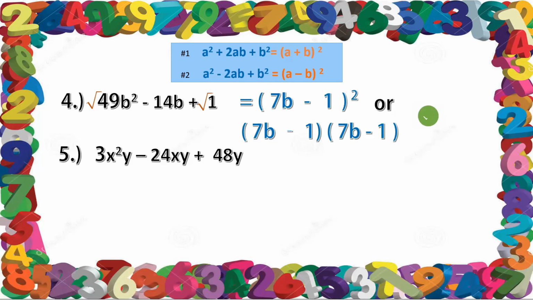Yes, of course. Let's do the GCMF first. Now, there's a common factor for the variables, which is y. Then let's find the GCF of 3, 24, and 48. And what will it be?